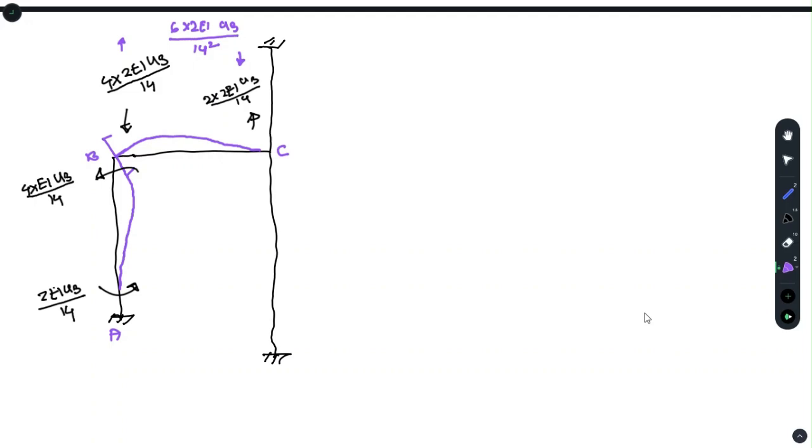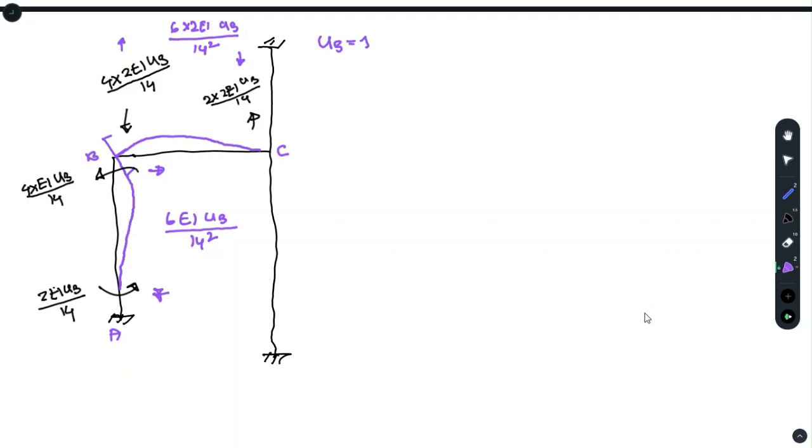Another thing: for the frame AB, the reactions will be this way and this way, and the value will be 6 EI U3 over 14 squared. So these are the moments and reactions after the application of Doki U3, which is equal to 1 unit rotation at point B. So we have applied all the Dokis.